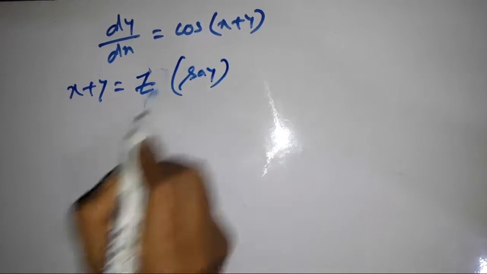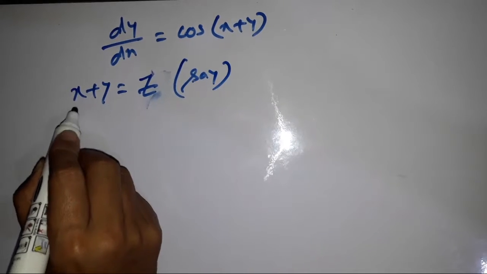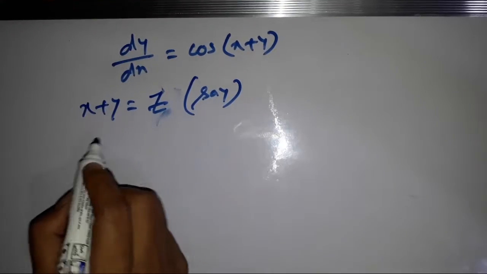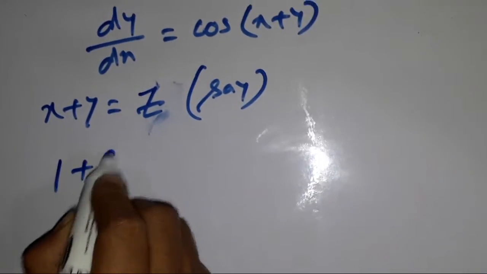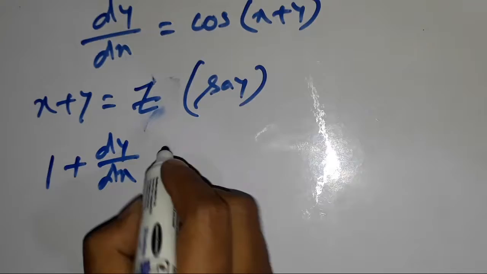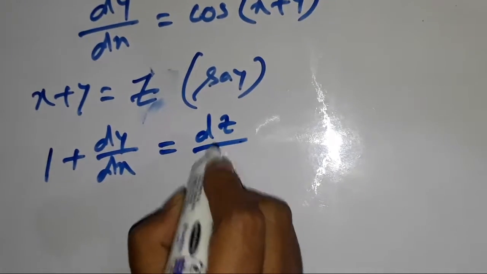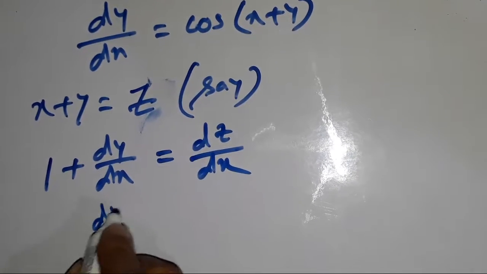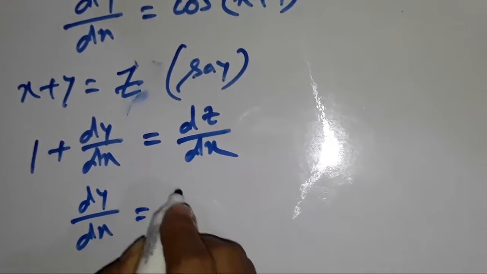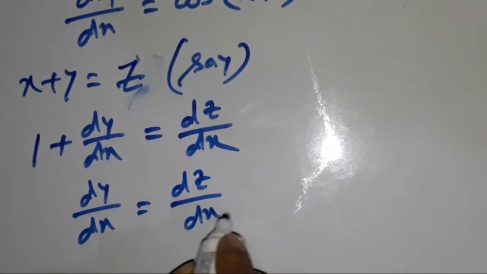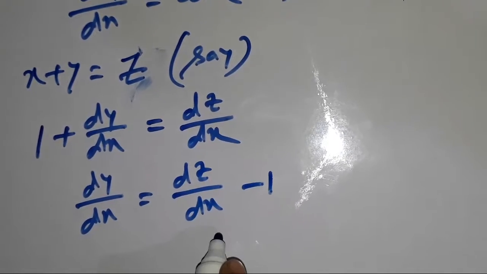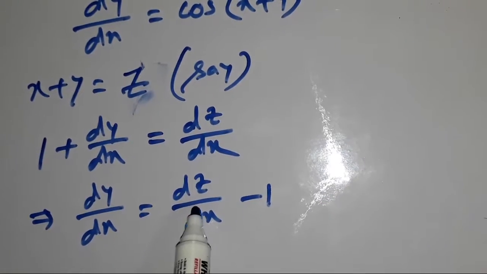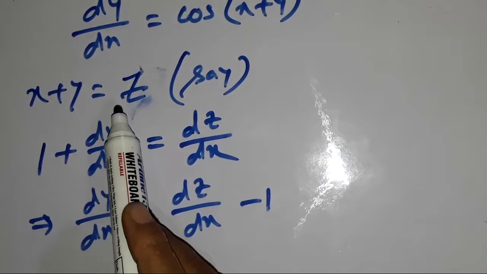So now, differentiating both sides with respect to x, we get 1 + dy/dx = dz/dx. So dy/dx = dz/dx - 1. Clear? Our aim is to replace dy/dx by dz/dx and x + y by z.